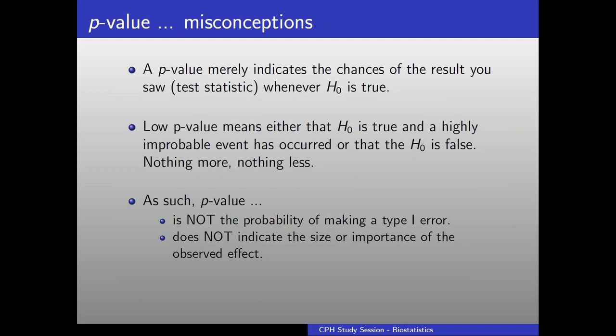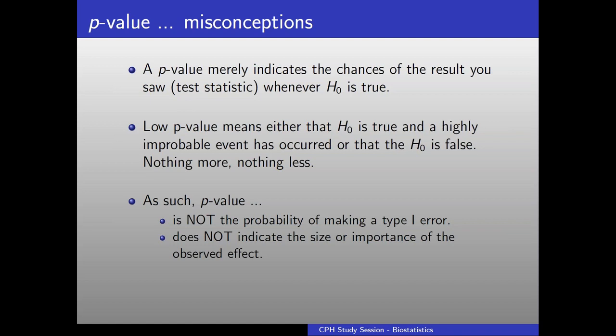That means that a low p-value means either that the null hypothesis is true and a highly improbable event occurred, or simply that the null hypothesis is false. You don't know which one happened, but because we set our acceptable type 1 error rate to alpha equal 0.05, when it's less than 0.05, we reject.